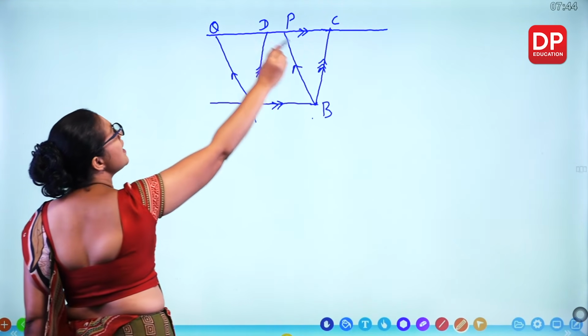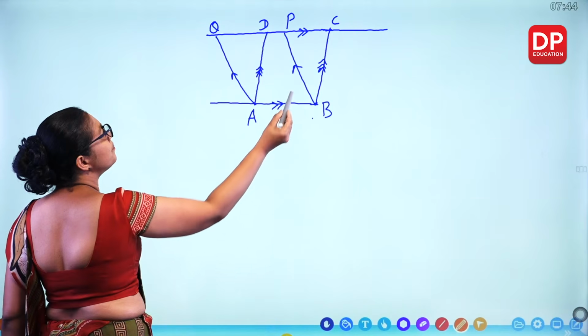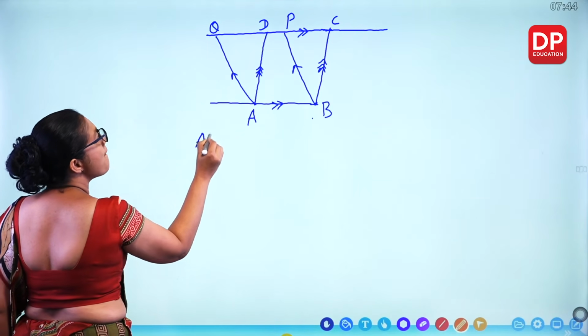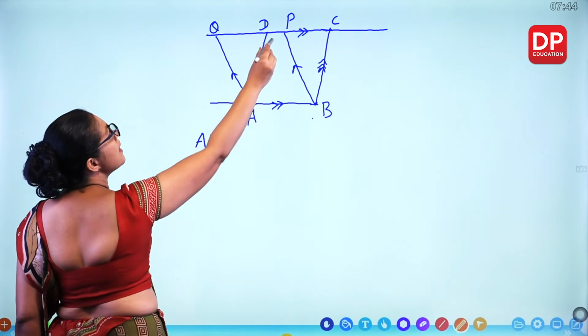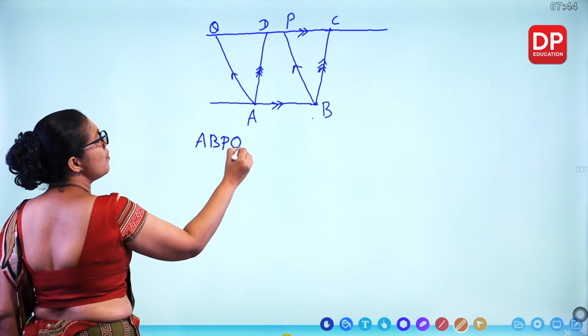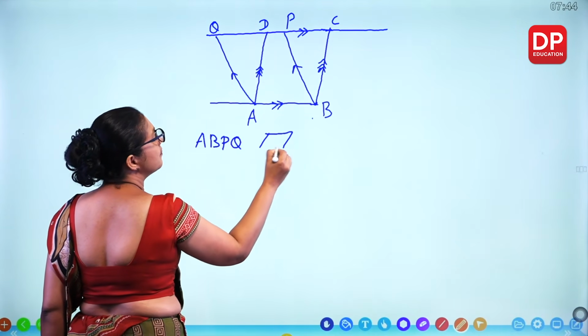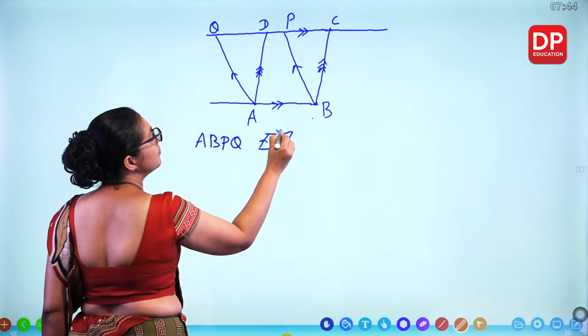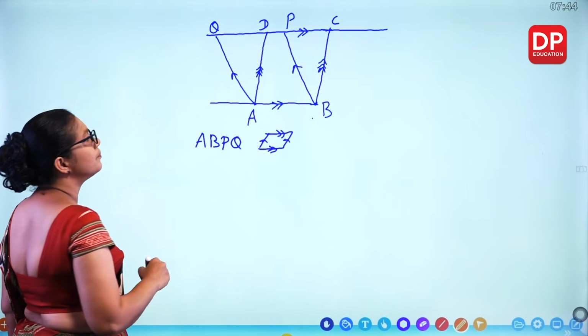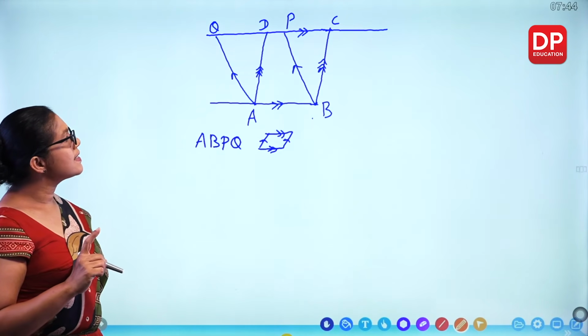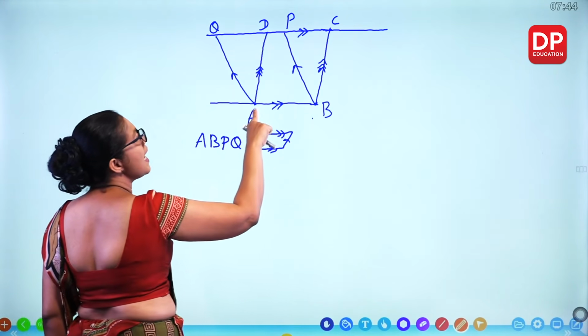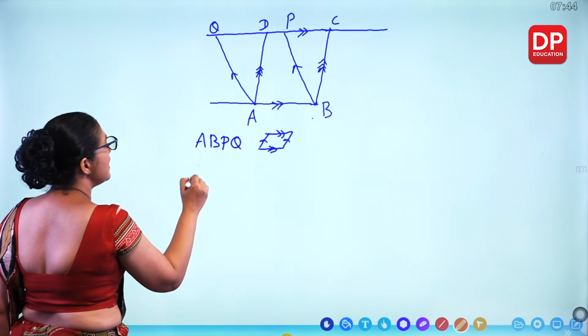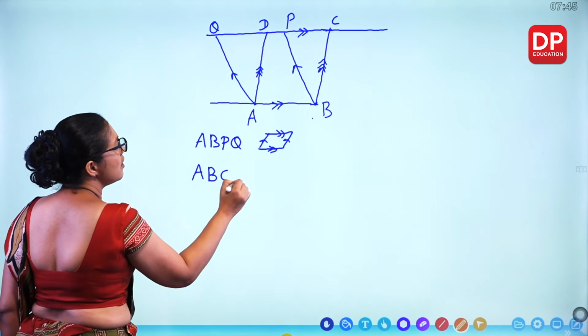We see this is a parallelogram. ABPQ is a parallelogram. What else can we see? We see ABCD is also a parallelogram.